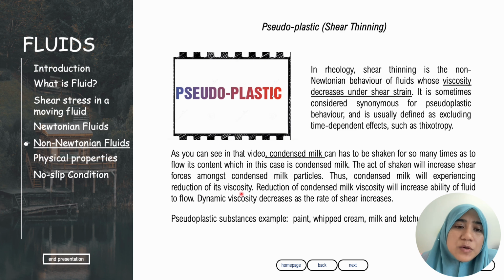At the end, the viscosity will be reduced, so we increase the ability of the fluid to flow. So dynamic viscosity decreases as the rate of shear increases. As we introduce some force, it will become easier and less viscous for this condensed milk. Other examples, we have paint, whipped cream, milk, and ketchup.